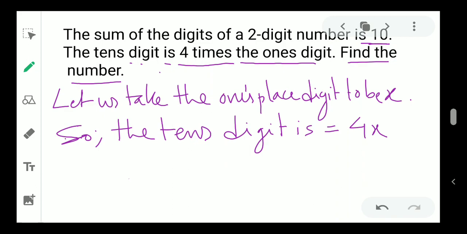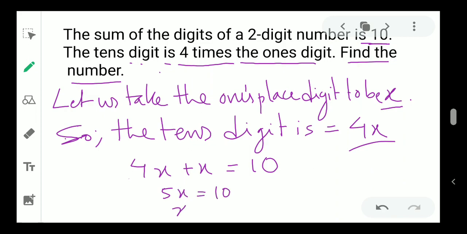Now the sum of the digits of the two-digit number is 10. So the sum of the digits will be 10. That means 4x plus x should be 10, and the reference is on the right-hand side. So this is 5x equal to 10.